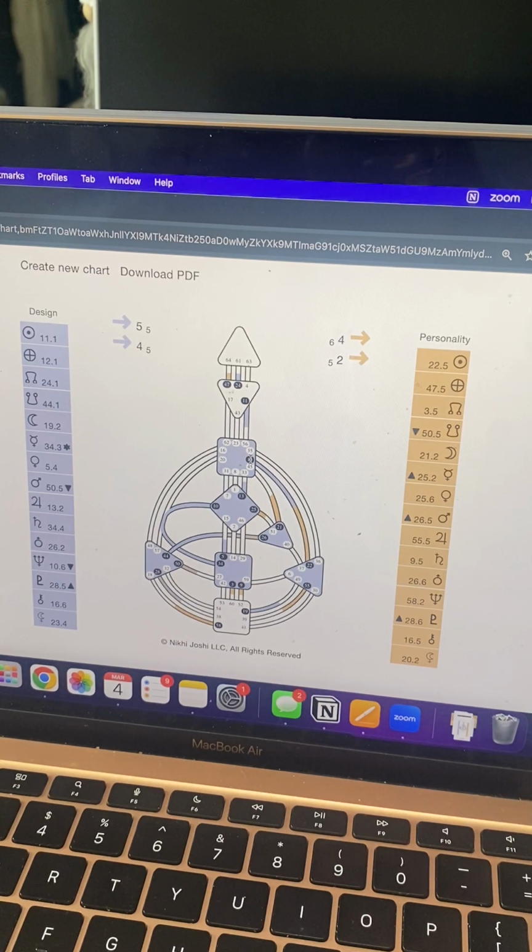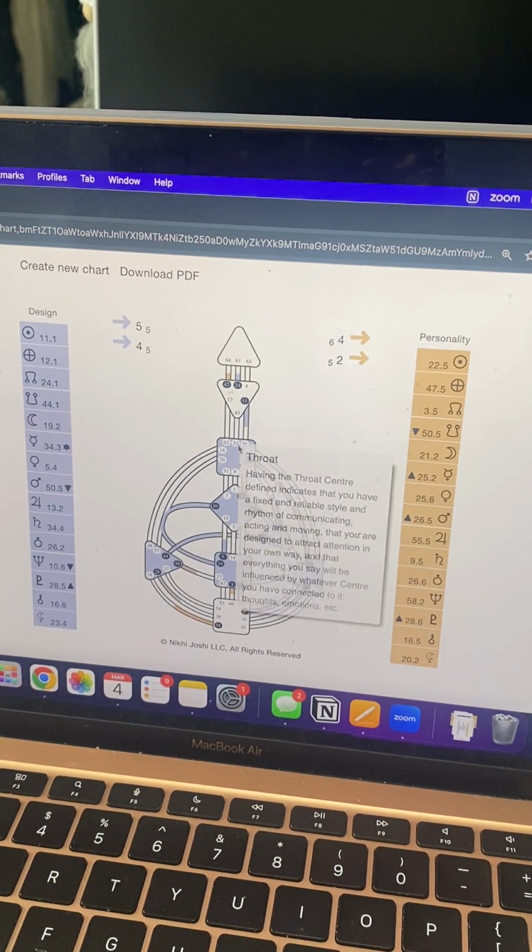It's actually my only defined gate and makes me a manifesting generator because I have a motor center connected to my throat.